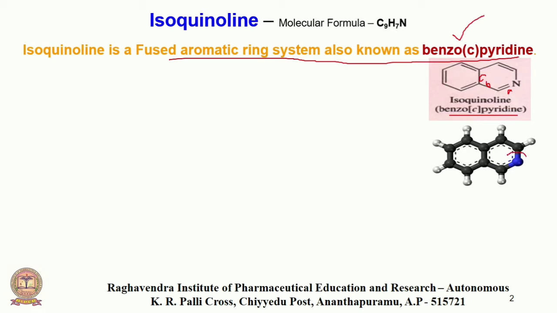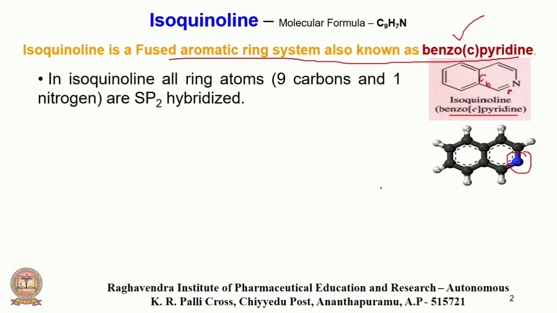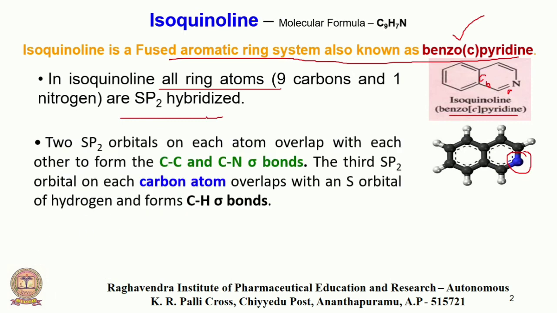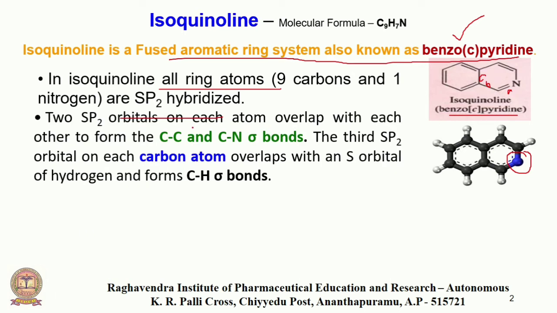The nitrogen is represented in blue color. As in quinoline, which we saw in the previous video, all the 9 carbons and 1 nitrogen are sp2 hybridized. Among these, 2 sp2 orbitals on each atom overlap with each other to form C-C and C-N sigma bonds.